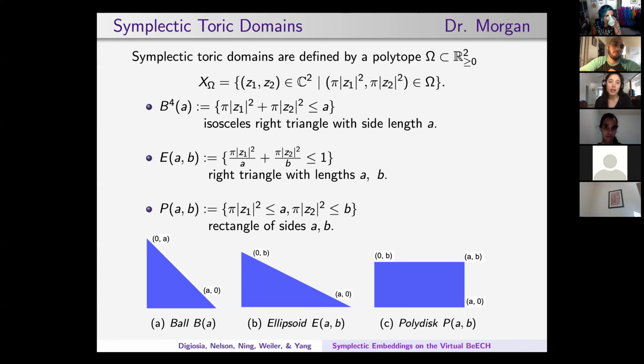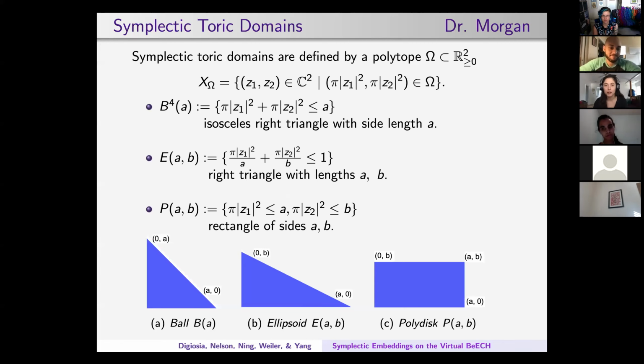So the ball is X omega, where omega is an isosceles right triangle with side length A. The ellipsoid is X omega, where omega is a right triangle with side lengths A and B. And the polydisk is X omega, where omega is a rectangle with side lengths A and B. These X omegas are called symplectic toric domains.